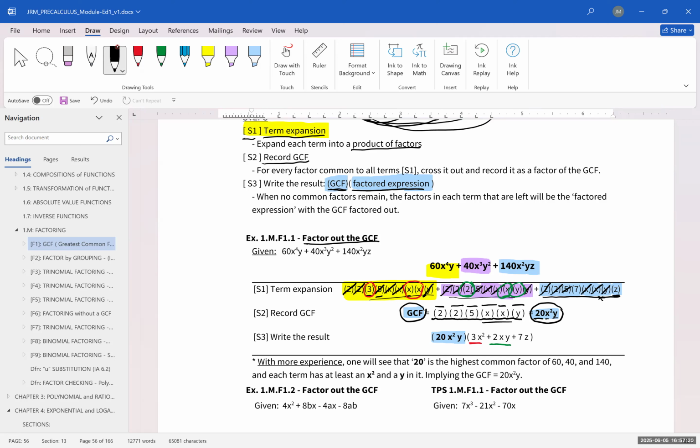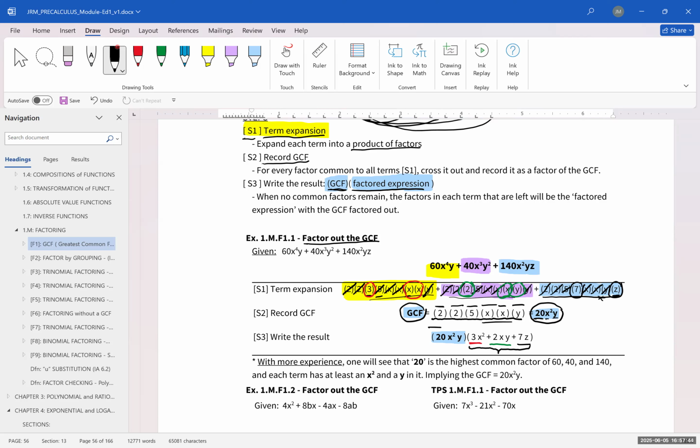And then finally, in the third term, we've got a 7 and a z, so that's where 7z comes from. So our factored expression is 3x squared plus 2xy plus 7z.